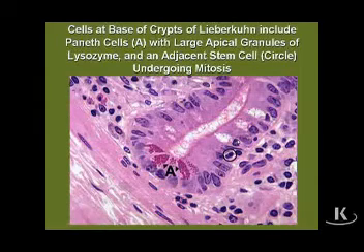The other feature that's illustrated here, indicated by letter A, are the Paneth cells with the highly eosinophilic granules containing lysozyme and so on that are situated in their apical cytoplasm. And we know that the stem cells are situated at the base of a crypt of Lieberkühn near the adjacent Paneth cells, and we can see that in the circular insert, a cell undergoing mitosis, that's part of the regeneration that occurs associated with the lining epithelium.